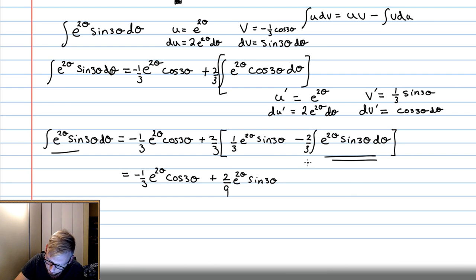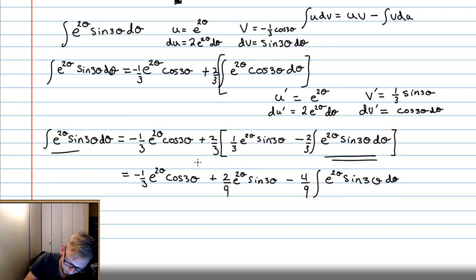And 2/3 times 2/3, and this is a minus 4 over 9. And this is still multiplied by the integral of e to the 2 theta sine 3 theta d theta. And this side is still e to the 2 theta sine 3 theta d theta.